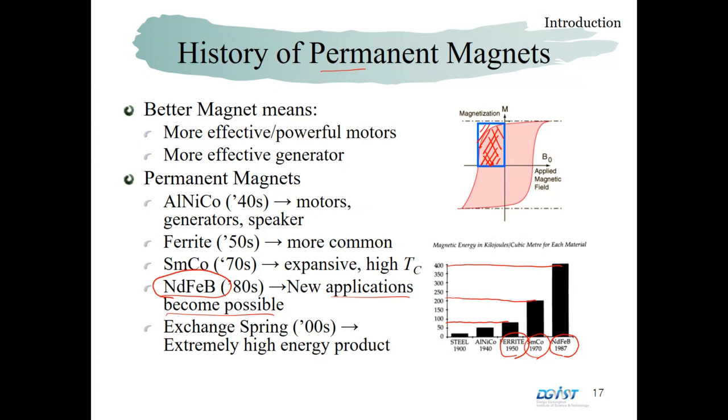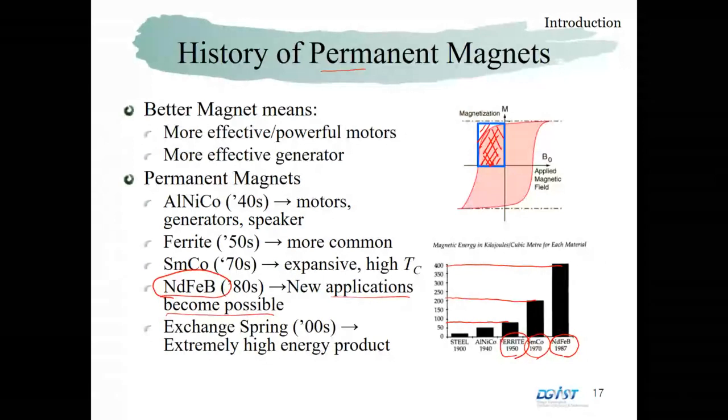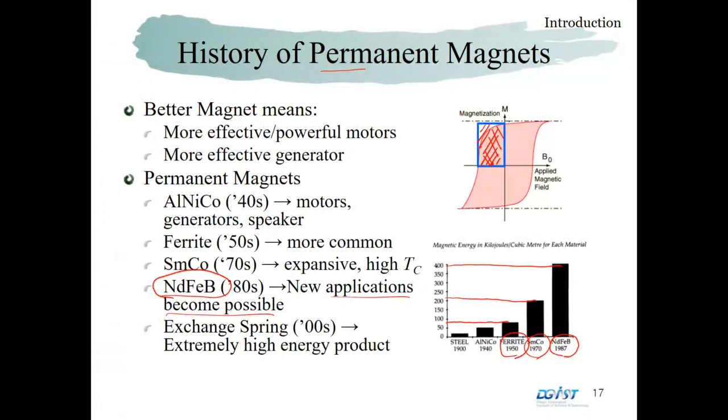And also, if you imagine the electricity generator, you may know the electricity generator is quite similar to the motors. So that means if you have an improvement of 10% of performance in the permanent magnet, you can generate 10% more electricity.